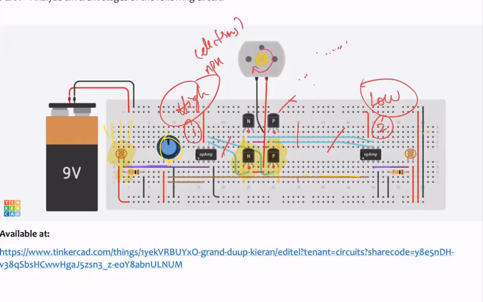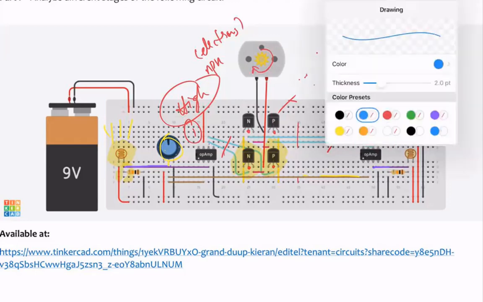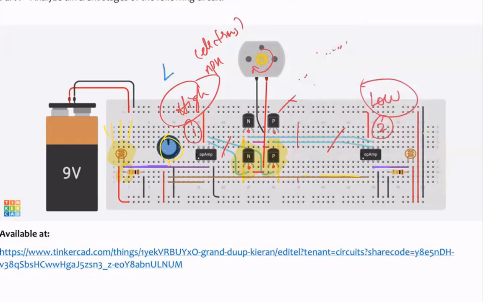If I swap such that the output of the op-amp is low comparatively to that of this, then these two transistors will be on, but now the motor is going to move in the counterclockwise direction. And I'm going to show you the simulation also. So in this case, like I said, these two transistors will be on, and the resultant current rotates the motor in a counterclockwise direction.